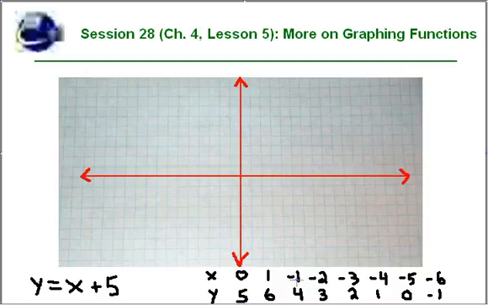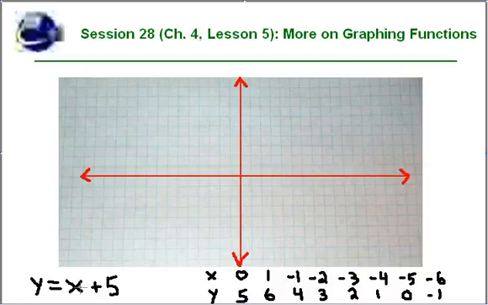Then I went ahead and chose some negative numbers. What happens when x is minus 1? We'll stick a minus 1 in here for x. y is equal to minus 1 plus 5. What is minus 1 plus 5? Well, it's 4. So when x is minus 1, y is 4. And for each of the following ones, I did the same thing. For minus 2, I plugged it in. Minus 2 plus 5 is 3. When x is minus 2, y is 3.